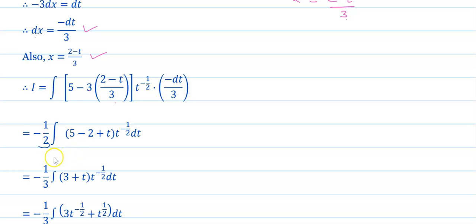Integral. Next simplification: 5 minus, this 3 will get cancelled, in bracket 2 minus t, and this bracket is completed into t raised to minus 1 upon 2.